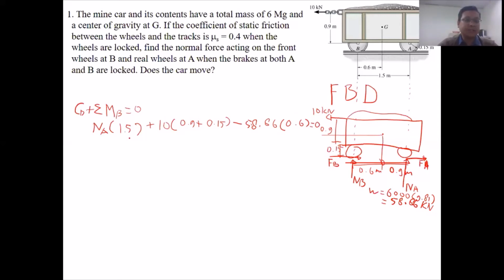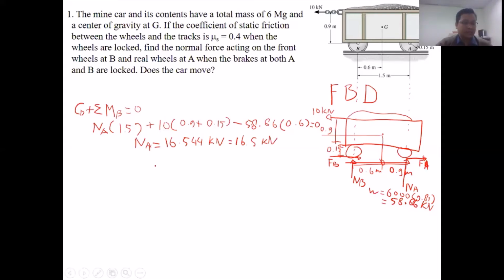From this equation we can solve for NA. From our calculation we got 16 point something kilonewton, or we can round it to 0.5 kilonewton.